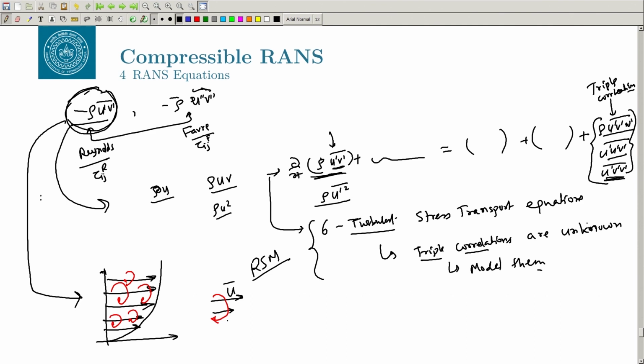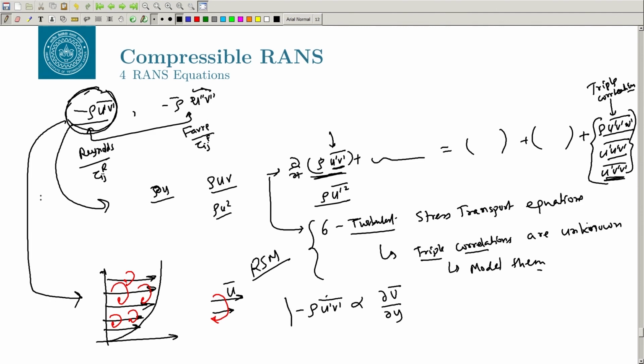So considering that picture, we can say that my Reynolds stress, or the Favre stress term, is also related to the mean flow gradient. So I will say that rho u prime v prime bar is also proportional to the mean flow gradient, in this case del u bar by del y.